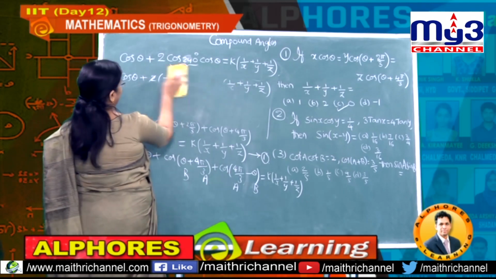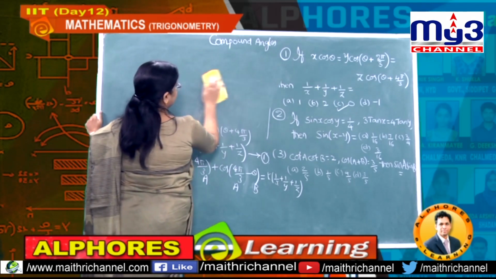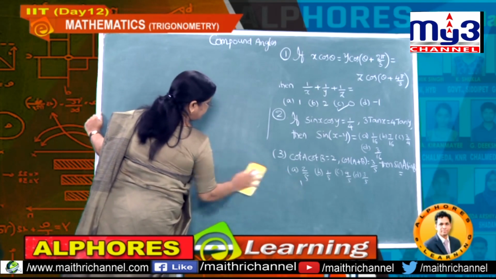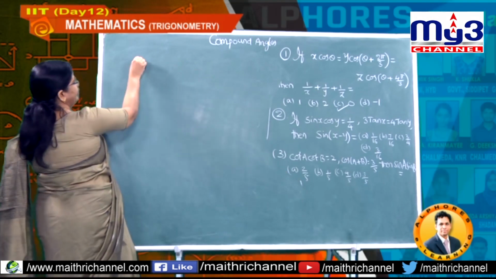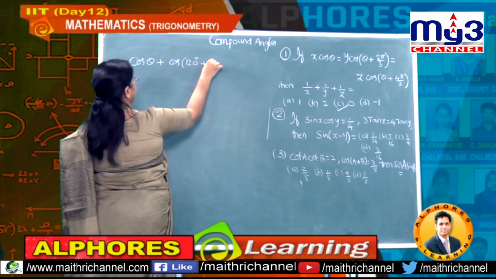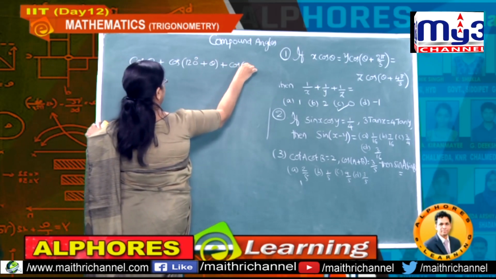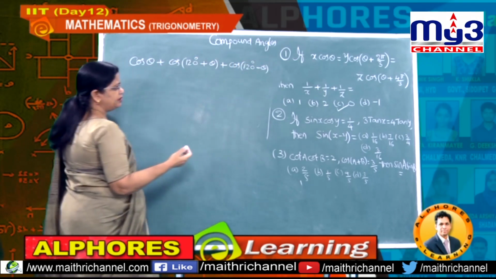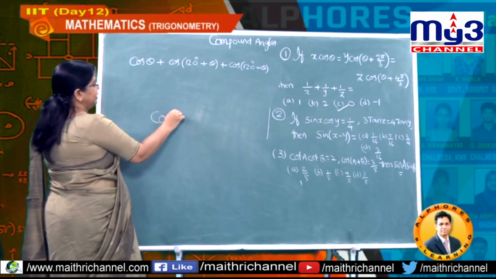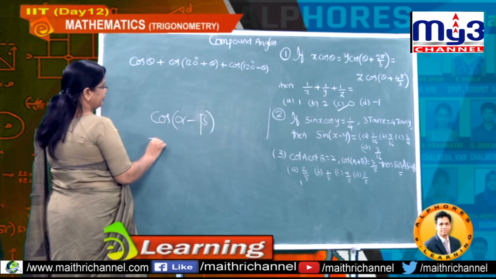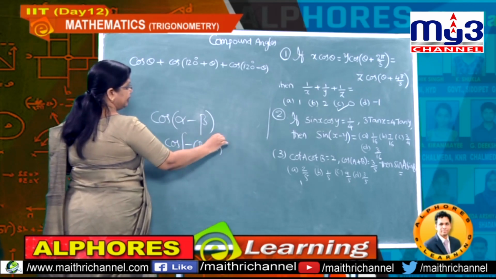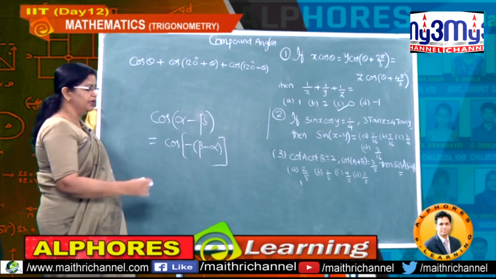Therefore from this problem you got to know about two results, and let us remember those two results because they will repeat in future problems many times. The first one is cos theta plus cos of 120 plus theta plus cos of 120 minus theta. Understand? What is the answer here, students? 0. And again it is a cosine problem. Always there is here alpha minus beta. If I take minus common, this is the same as beta minus alpha. Because of what reason here? Cos of minus theta is cos theta.